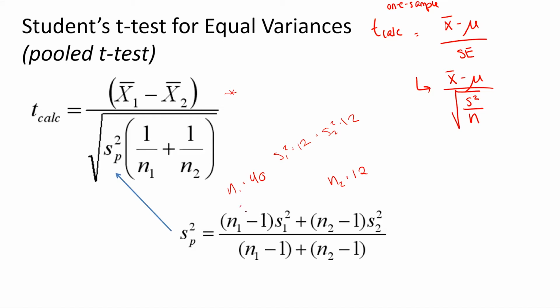That means right here we would have 39 times 12, but here we would only have 11 times 12. And then we add those together, right? So it's actually not that terrible of an equation. And then we'd have 39 plus 11. So it looks awful. It looks really complicated, but it's not that bad.